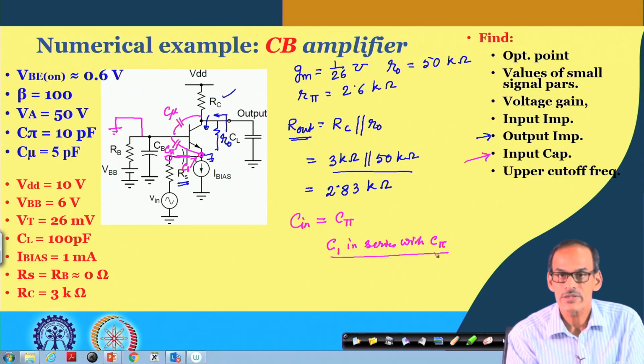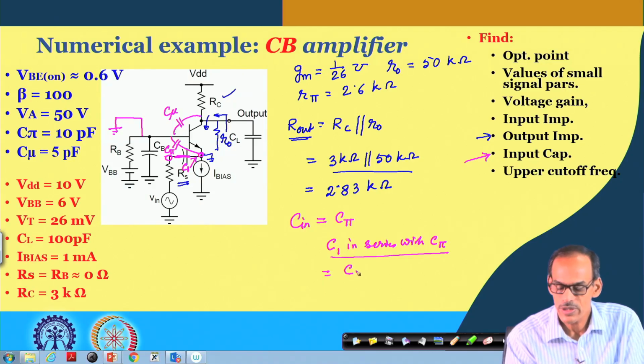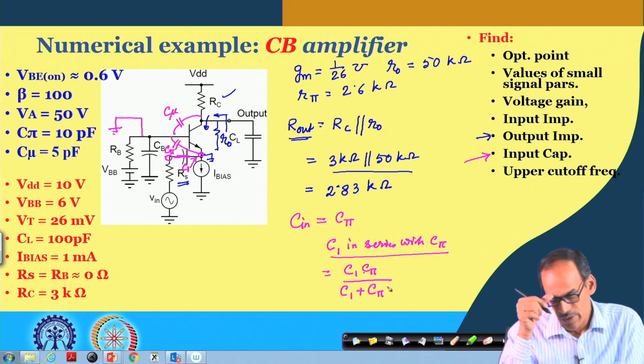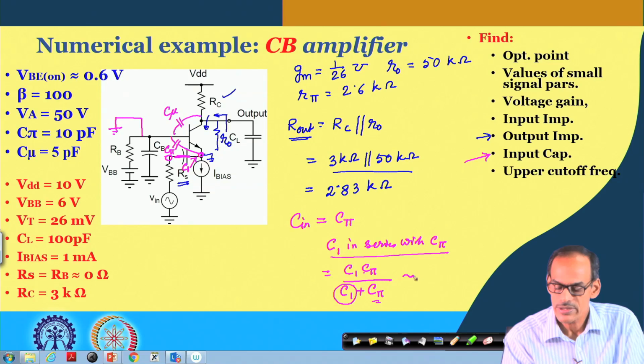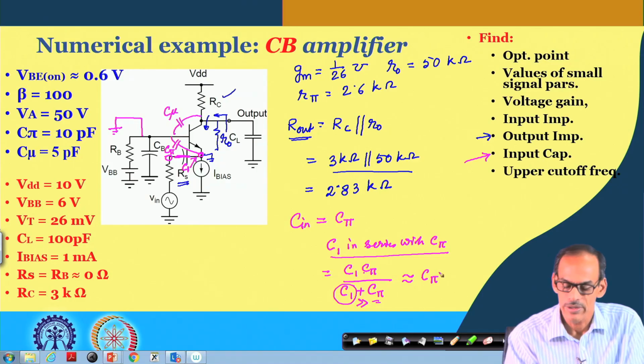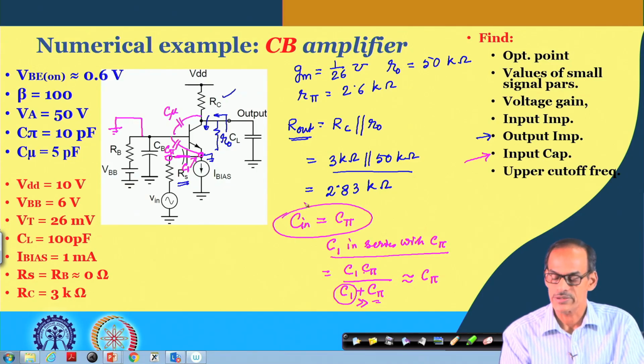Whenever two capacitors are in series, their value is C1 C pi over C1 plus C pi. Now, this C1 is typically much higher than C pi. As a result, since it is much higher, you can approximate this by C pi. So, that gives us the input capacitance.